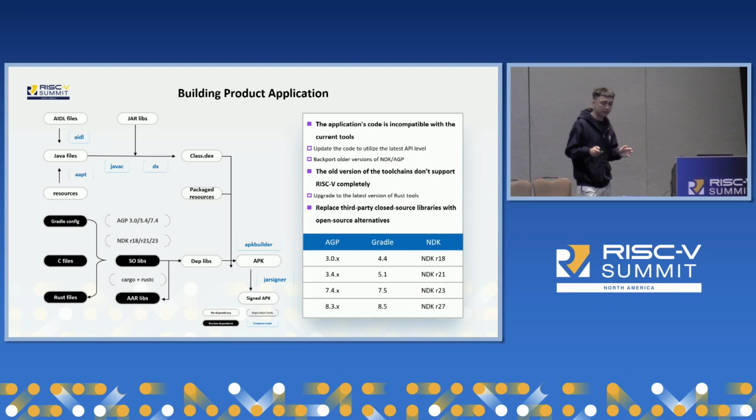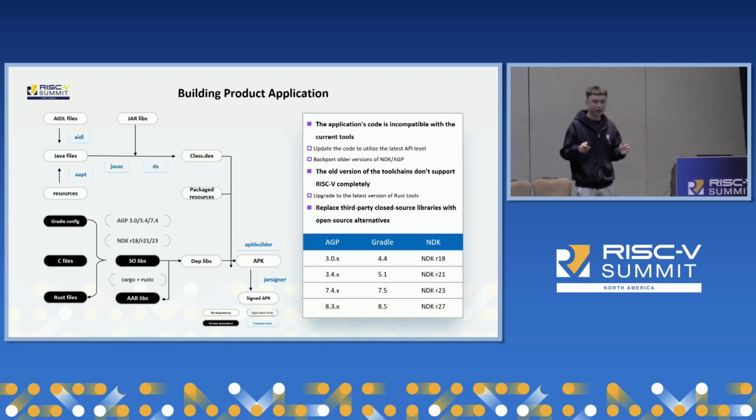And you will find things such as needing Rust, but the Rust tool in your current AOSP cannot support RISC-V. You need to upgrade your version of Rust. But when you upgrade your Rust toolchain, you will meet some version mapping problems, and that will take you time to deal with.